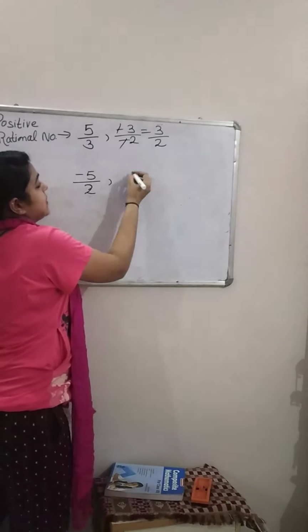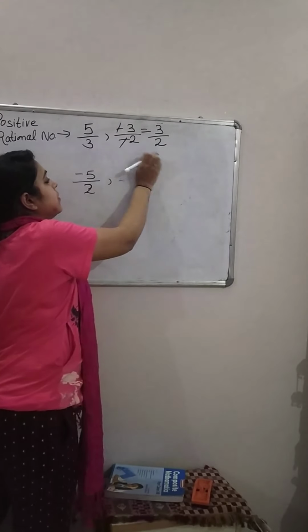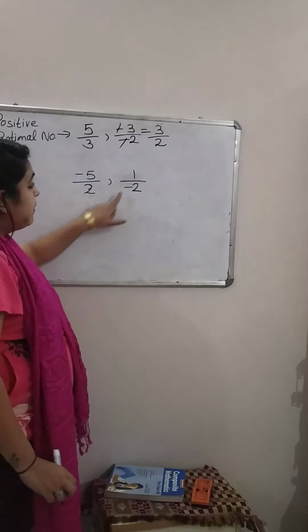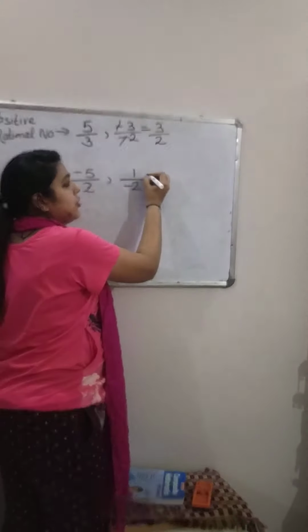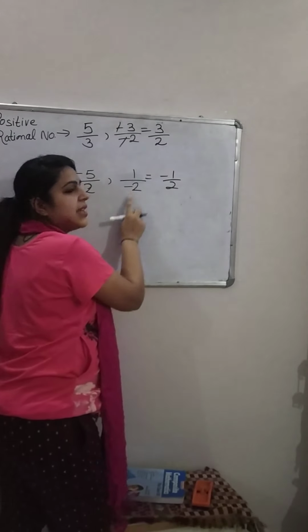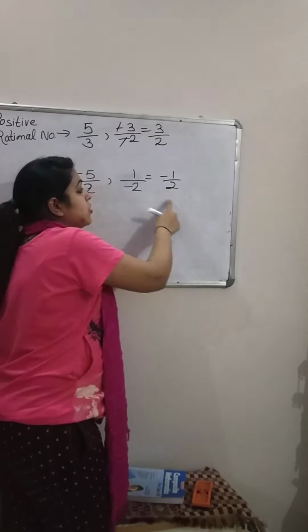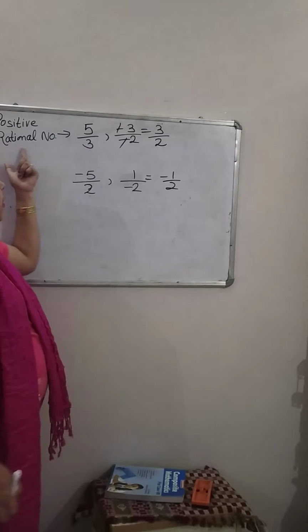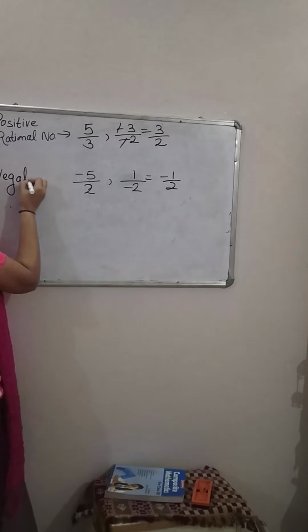If I write 1 upon minus 2, this minus is here in the denominator. I can take this negative to the numerator also. It is one and the same thing. Writing 1 upon minus 2 or minus 1 upon 2, this becomes a negative rational number. So we have positive rational numbers and negative rational numbers.